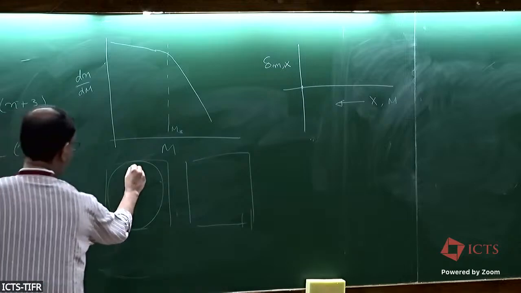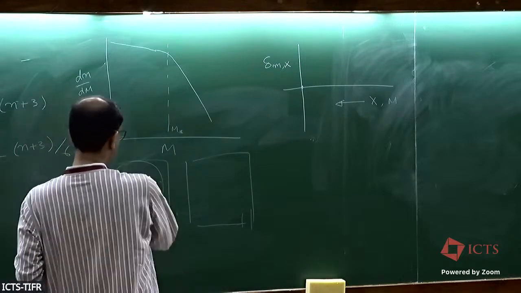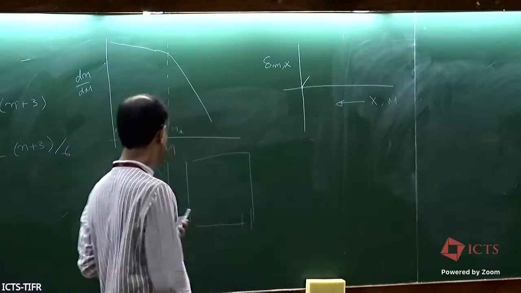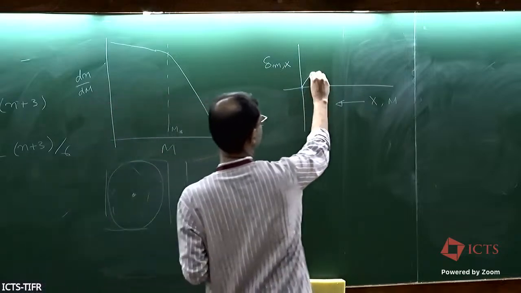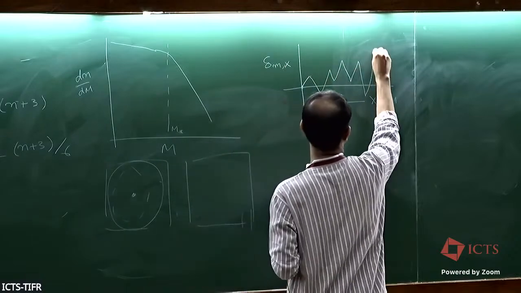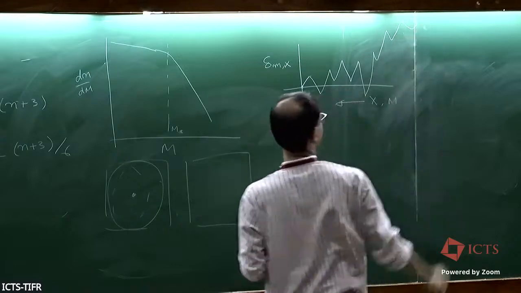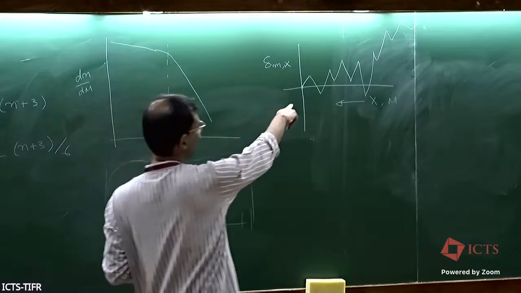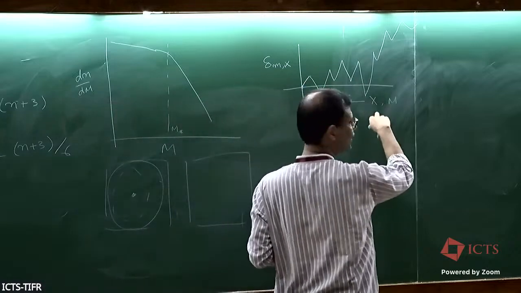Then I draw a slightly smaller sphere and I will get some value. It could be positive, negative, I don't know. Then a smaller one, and again it may do something like this. So this looks like some kind of a trajectory as a function of x.